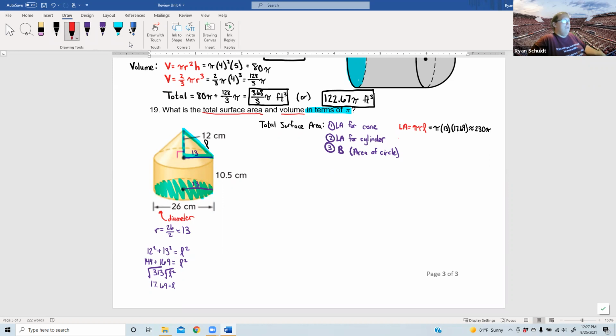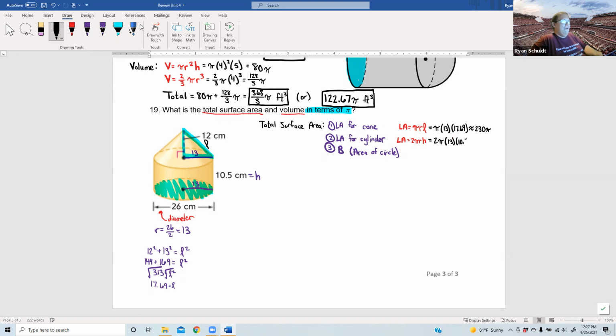Now let's do the lateral area for the cylinder. We said that was 2 pi r times height. Well, the height of the cylinder is 10.5. So we have everything we need here. It's going to be 2 pi. Radius is 13.